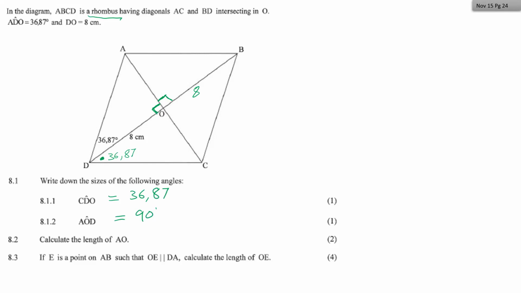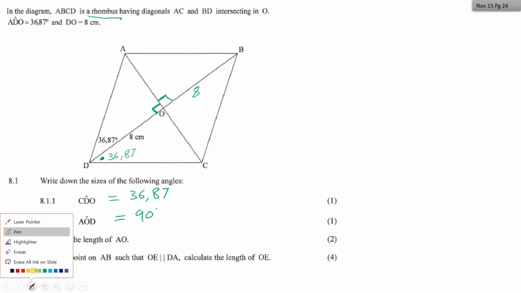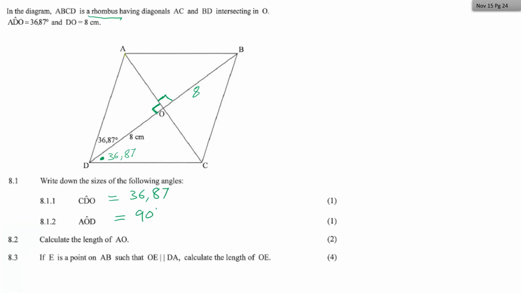The next one is to calculate the length of AO. So I just want to look at AO. So to get a highlighter out. If we want to find AO, let's quickly complete the triangle.